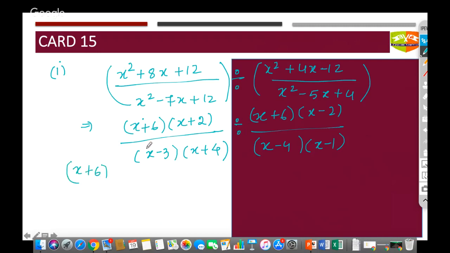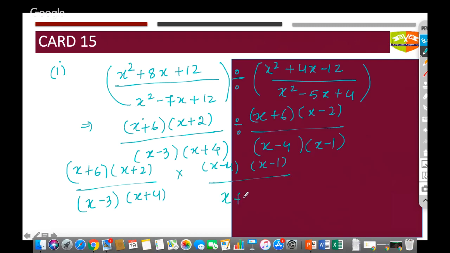So I can write this as x plus 6 x plus 2 divided by x minus 3 x plus 4 multiplied by x minus 4 x minus 1 divided by x plus 6 x minus 1. So what I can do over here is this x plus 6 and x plus 6 is gone, and once again this is x minus 2.